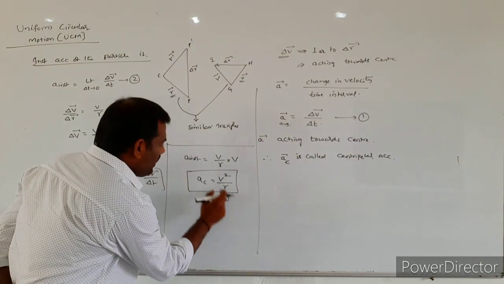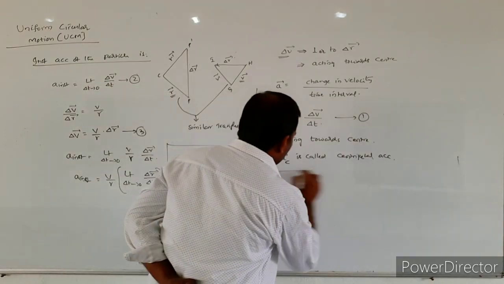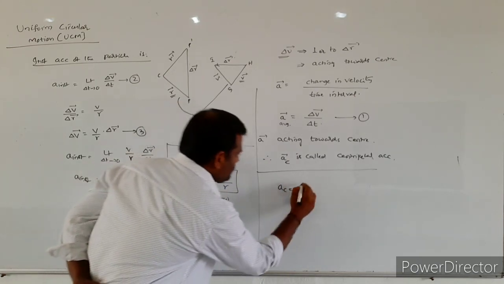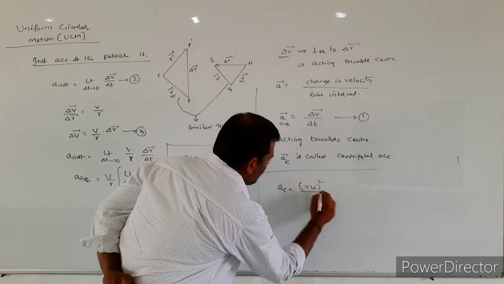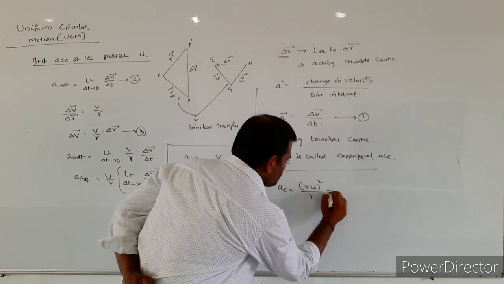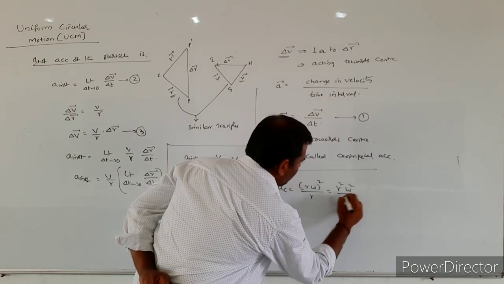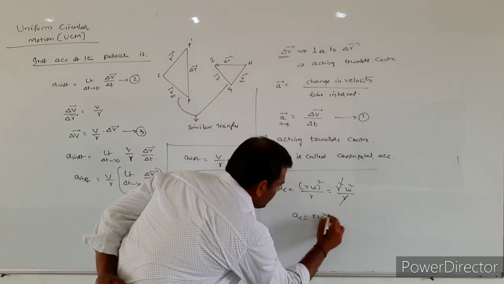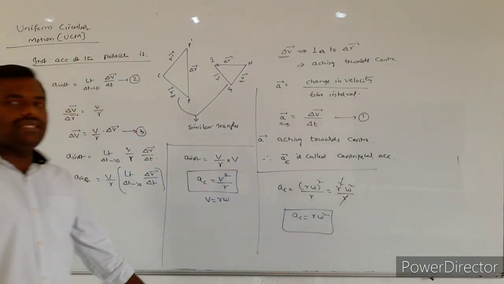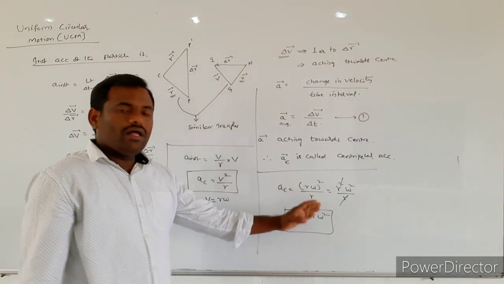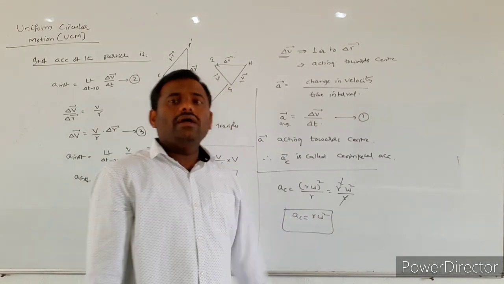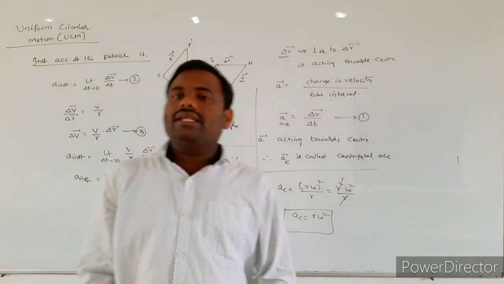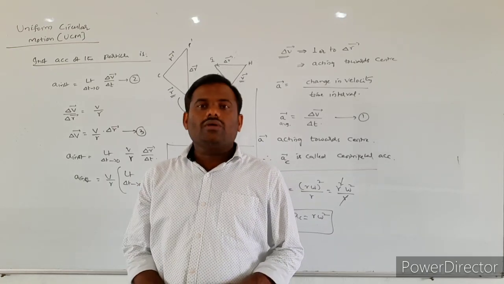If you substitute V equals R omega in this equation, we get AC equal to R omega whole square by R, that is R square omega square by R, and R gets cancelled. Therefore, centripetal acceleration is equal to R omega square. This is the expression for centripetal acceleration in uniform circular motion.